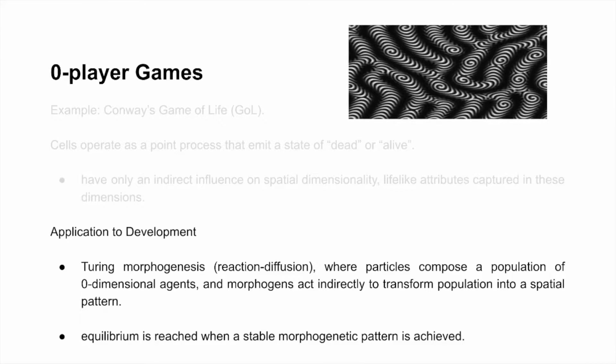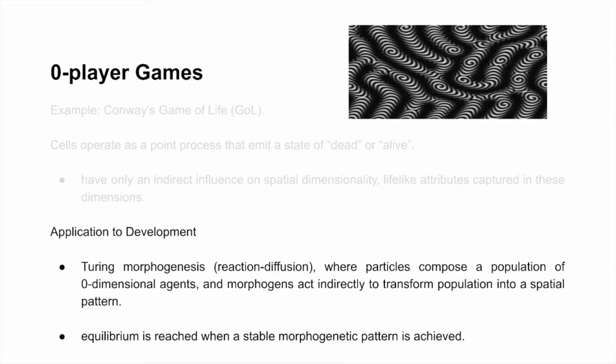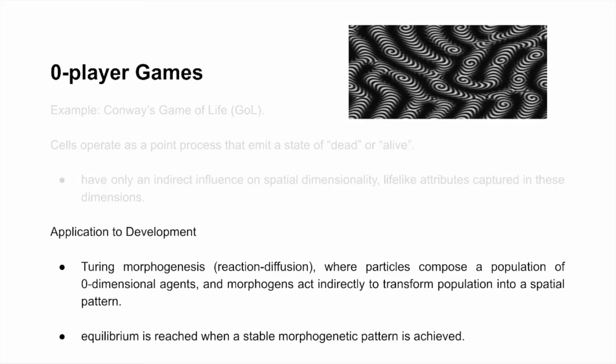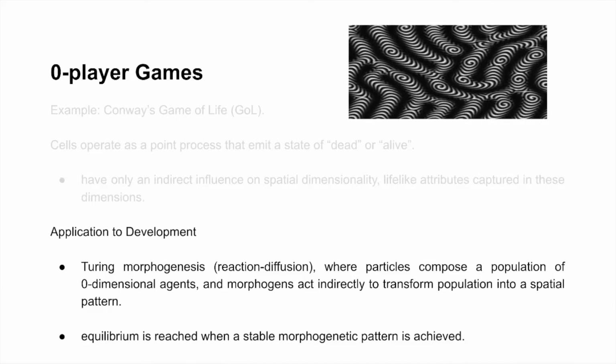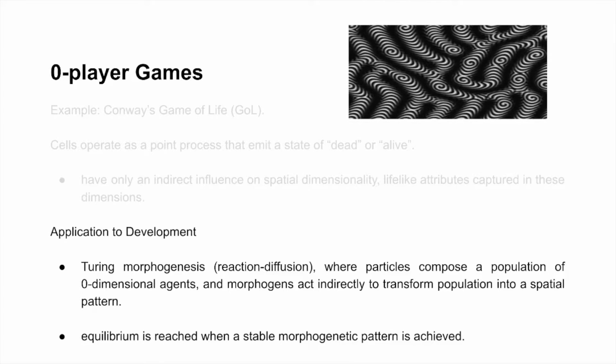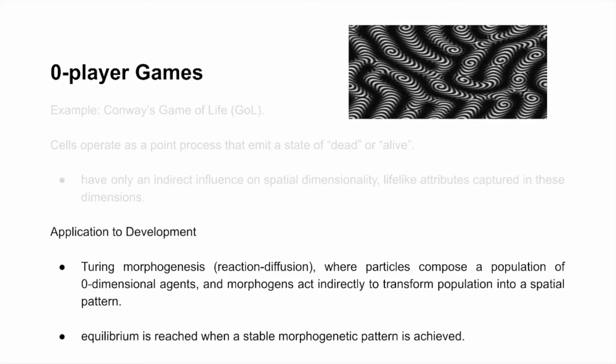And in applying this to development, we can look at things like Turing morphogenesis or reaction diffusion processes, where particles compose a population of zero-dimensional agents, and with a substance they call morphogens act indirectly to transform populations into a spatial pattern. So again, you have these points in space, they're turning on and off, and they're indirectly competing with one another, cooperating with one another, and they're forming these patterns over time.